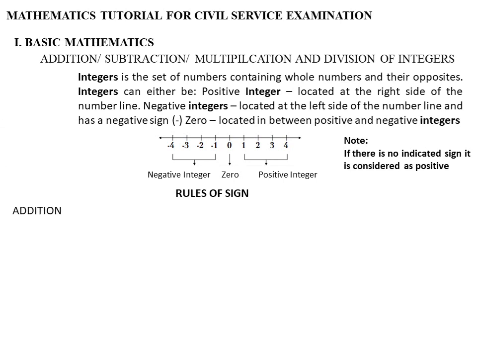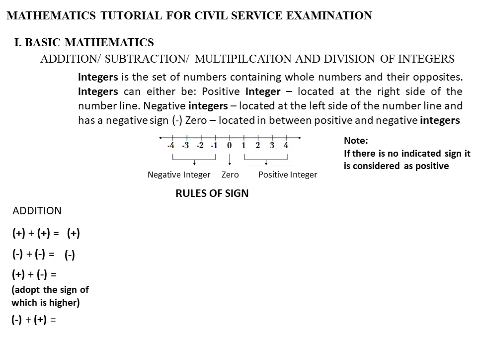In addition, the rule of sign is, if we add both positive, the answer is positive. When we add both negative, the answer is negative. How about if we add positive and negative? The answer should adopt the sign of whichever is higher of these two.